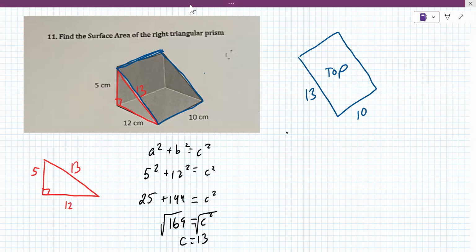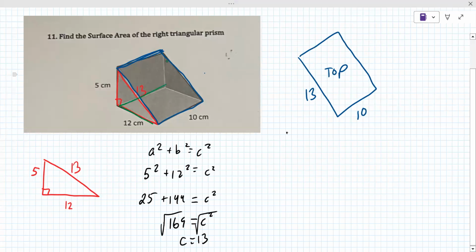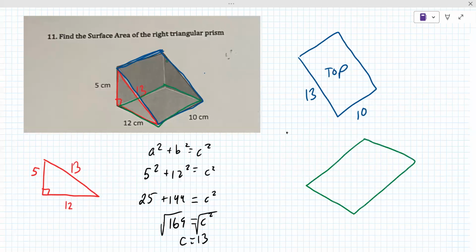And now similarly, I'm going to grab the bottom. The bottom here is also a rectangle. And this is 10 and this is 12.